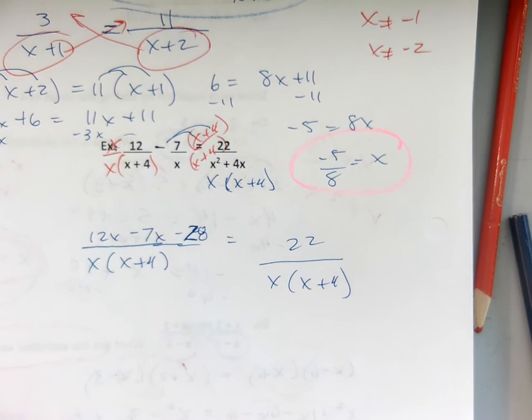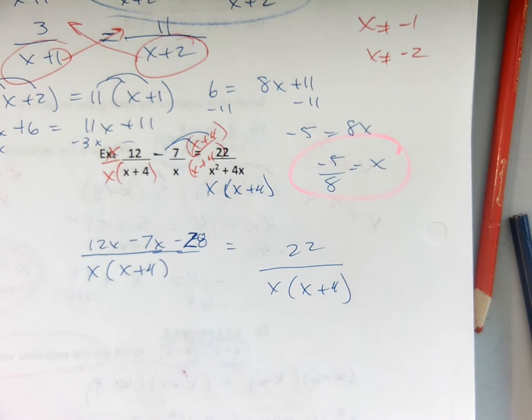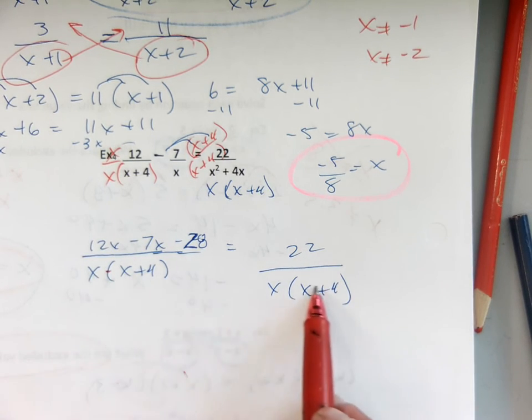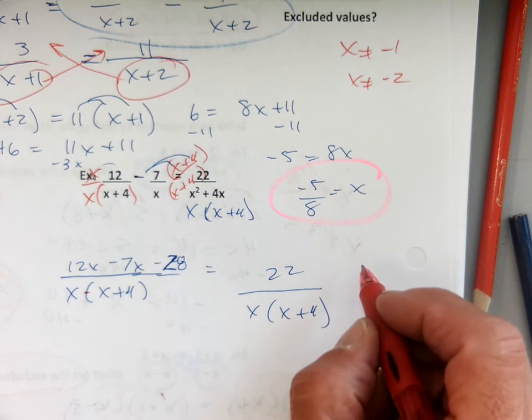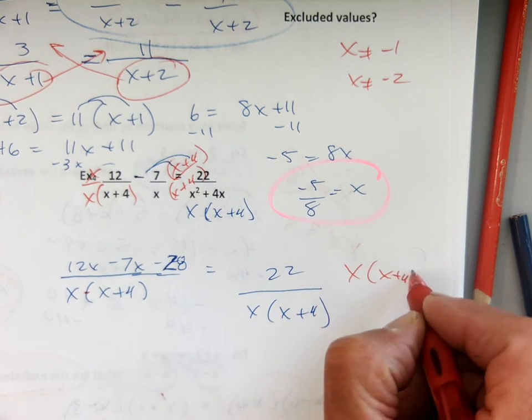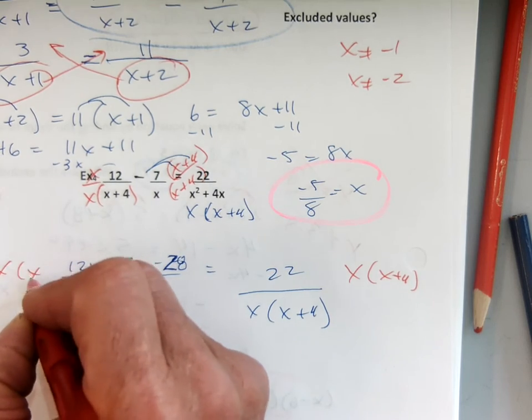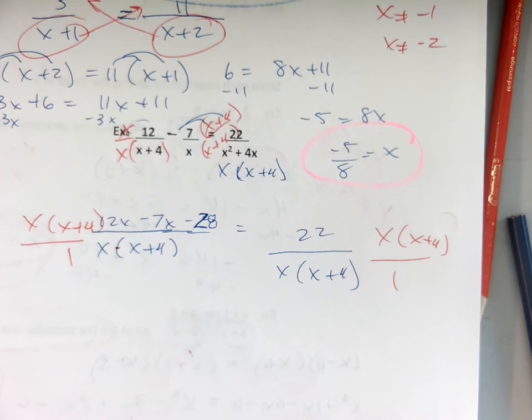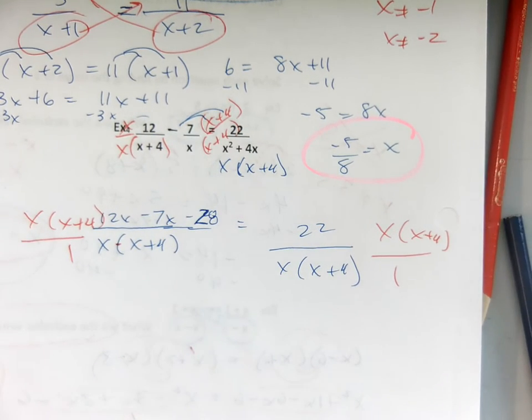Now, don't cross multiply. Here's the trick. If you get the common denominator all the way through, you could multiply both sides by x times x plus 4 over 1. So what happens when I do that?